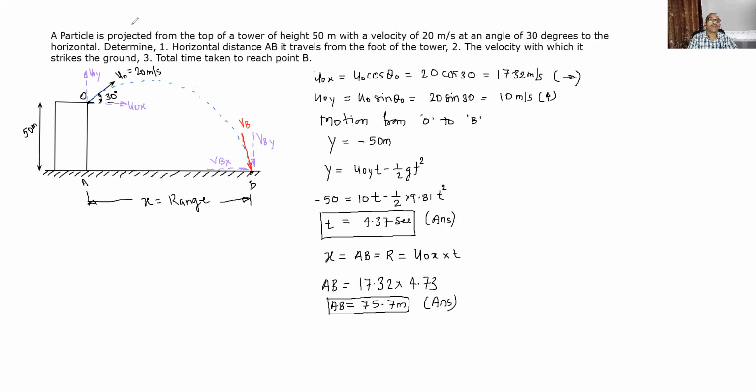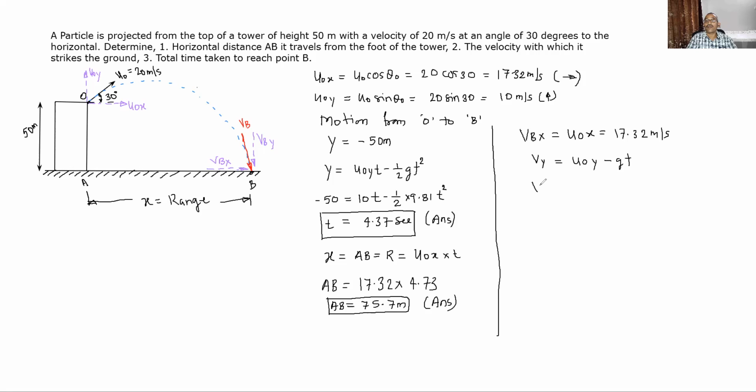To find these two components, the most important part in projectile motion is that the horizontal component of velocity always remains constant. That means VBX is nothing but u0x, which is 17.32 meter per second. The horizontal component is ready. Now for the vertical component, we use the simple equation in the vertical direction: Vy = u0y minus gt.